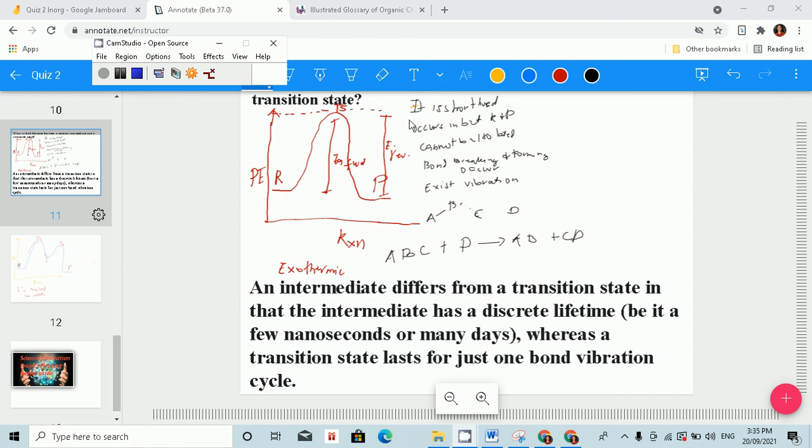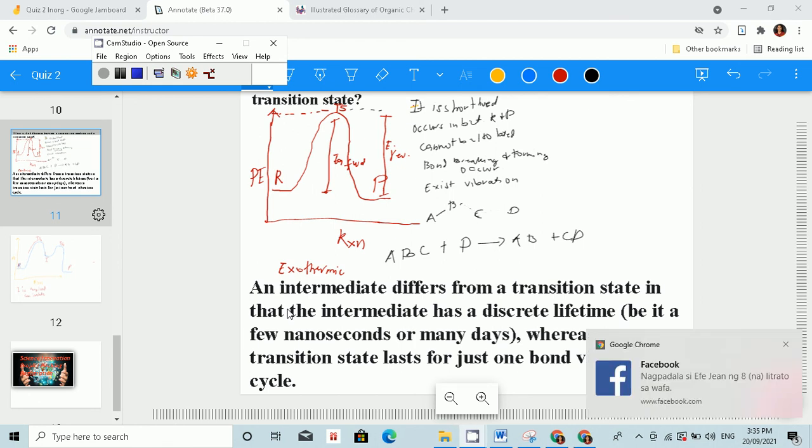Now, if you have answered that it cannot be isolated, or that bond breaking and forming occur, okay, it's fine if you have not answered it word for word, just like this.